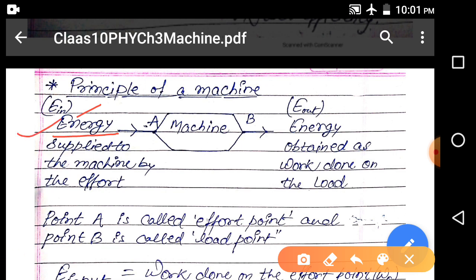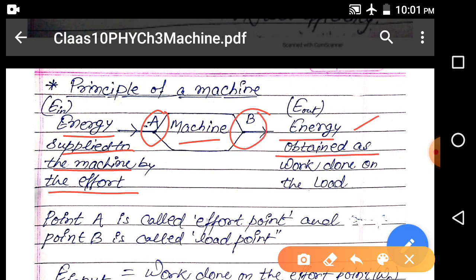EIN is written here, that means energy input. This is the energy supplied to the machine by the effort. Here at the point A, the effort is given, that means the energy is supplied to the machine, and from the point B the machine supplies the energy, that means the energy obtained from the machine as work done on the load.